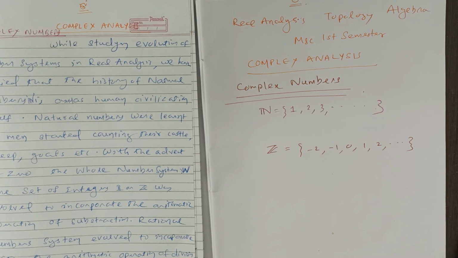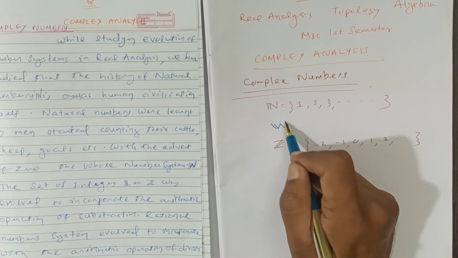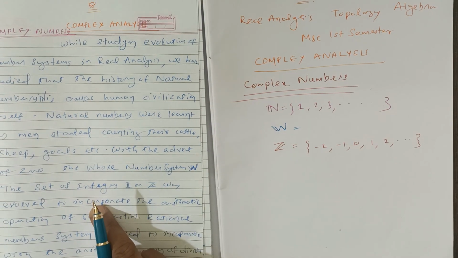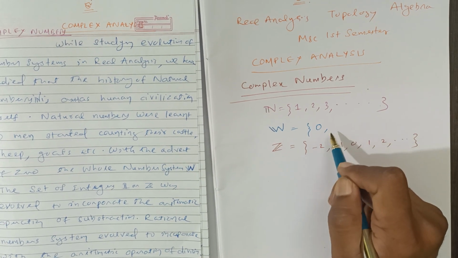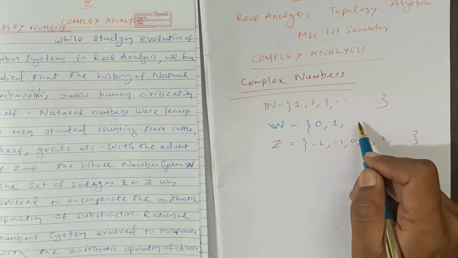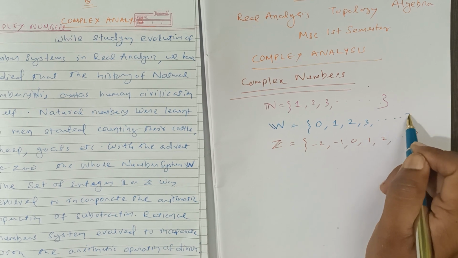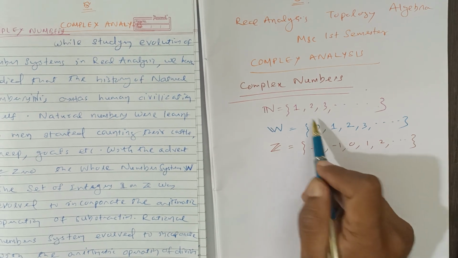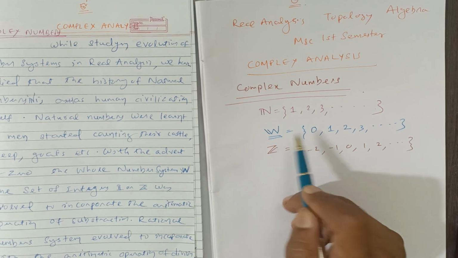But we also know the system of whole numbers, and this was evolved with the advent of the concept of 0. When 0 was added to the counting numbers or natural number system, this became the whole number system.